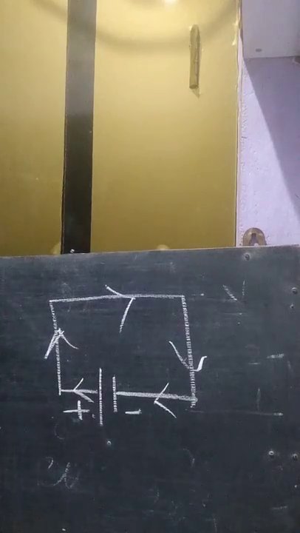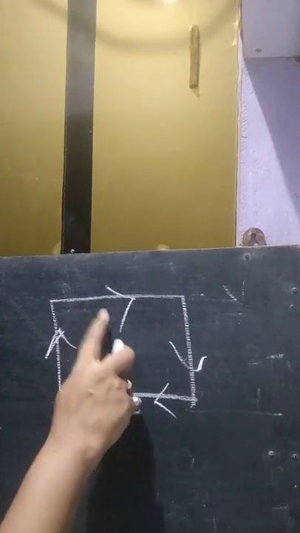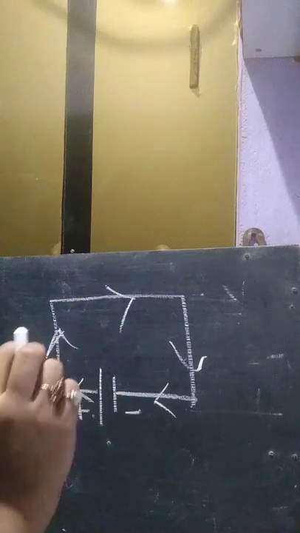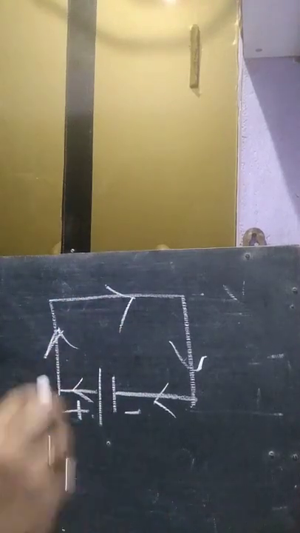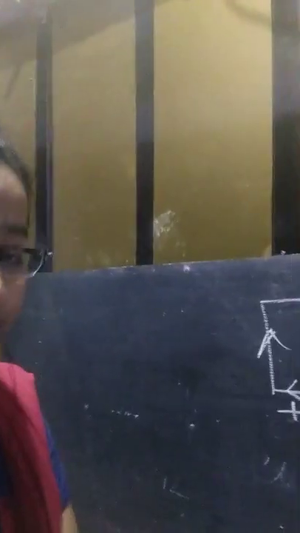So if there is an external circuit, the current flows from cathode to anode. And if electrolytes are present, then inside the electrolytes current flows from anode to cathode. So these are the basic differences between the current part and the electrolyte part. Clear?